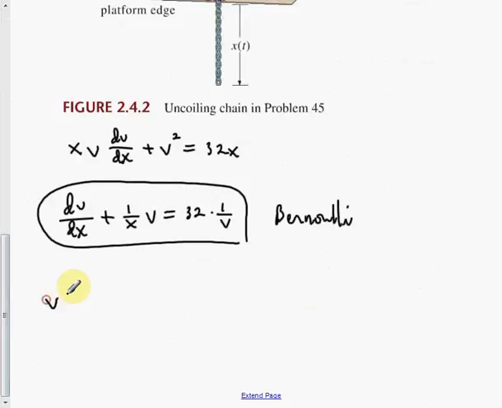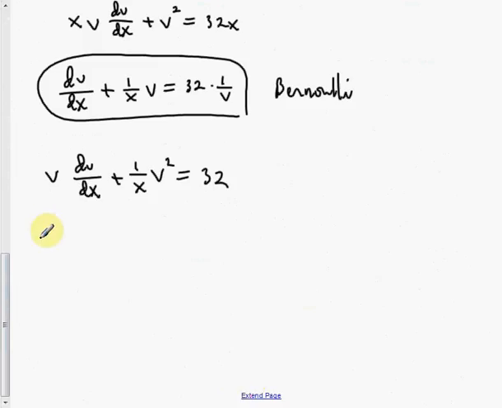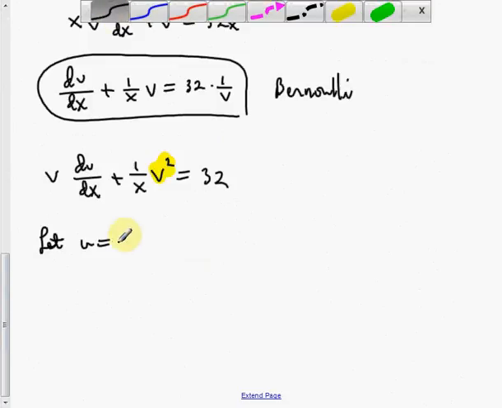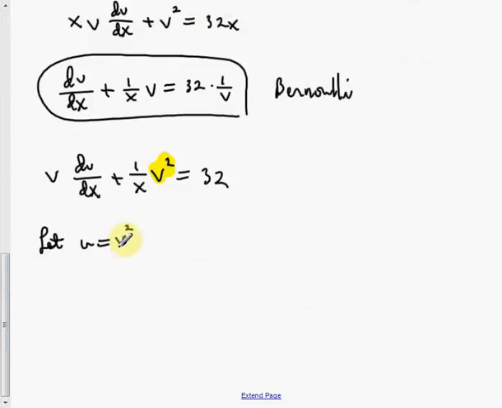So this is v dv over dx plus 1 over x times v squared is equal to 32. Let u equal this v squared. Because its derivative should pick up v dv dx. This implies that u prime is equal to 2v times dv over dx.